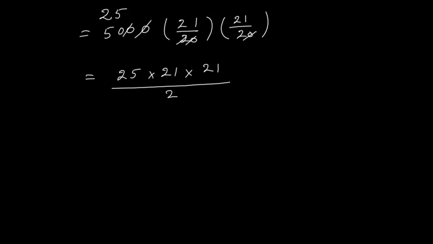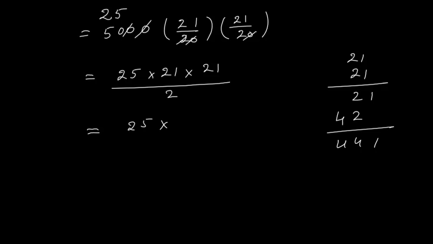So square of 21 is what? If you remember, very good, 1 1s are 1, 1 2s are 2, 2 1s are 2 and 2 2s are 4. So this is 441. So 25 multiplied by 441 divided by 2.